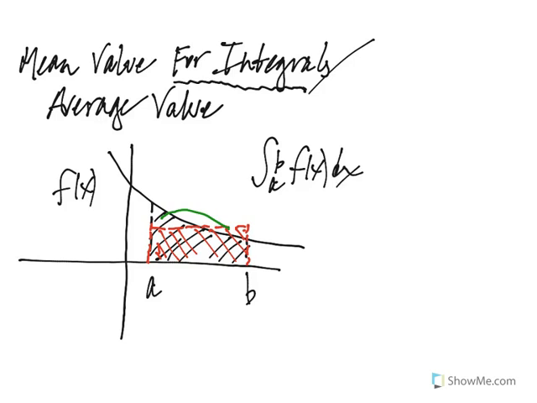That is, in fact, the black area underneath the curve above the x-axis between a and b. We know that that's equal to the area within the red rectangle. Now, if you think about the area within the rectangle, it's just base times height, the base of which is going to be b minus a.